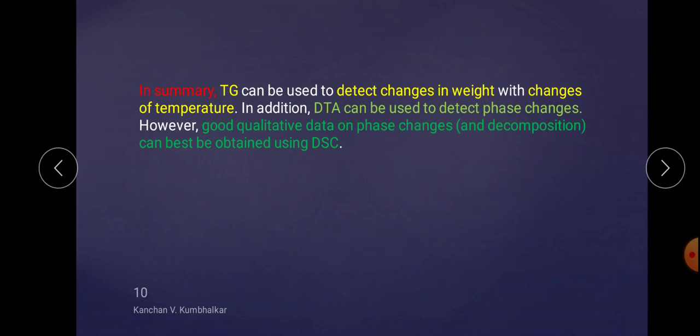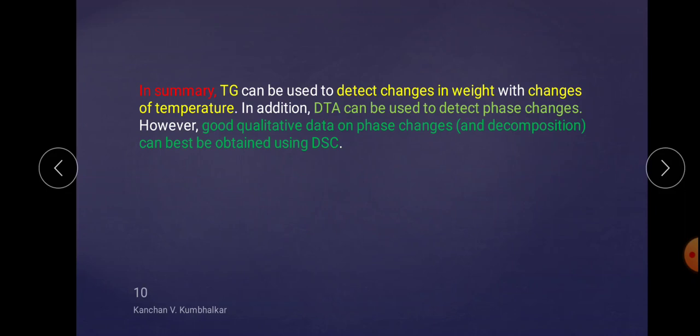Melting and boiling can be sharply observed in a DTA. So in a DTA we can detect a phase change. In TG we are just using weight change with respect to temperature. In DTA the change in weight with respect to temperature we definitely observe, but with that we can easily observe phase changes.